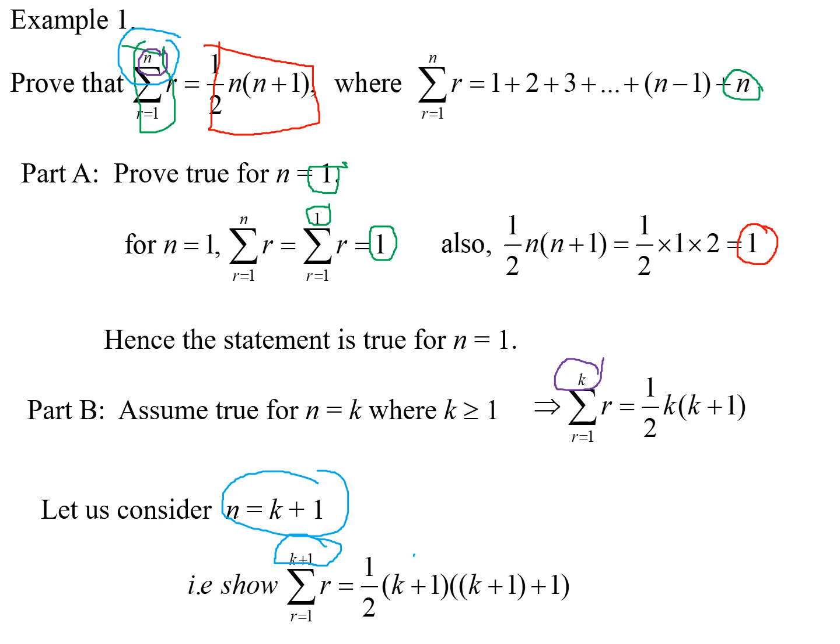Sum of r remains because r is the formula we are focusing on to prove, and we are substituting n with k plus 1. So we need to prove this. How are we going to prove that?